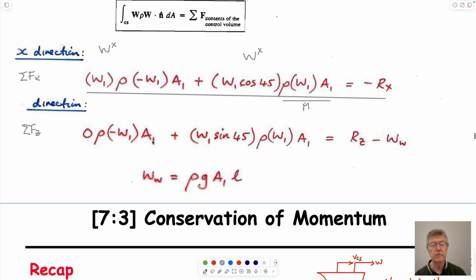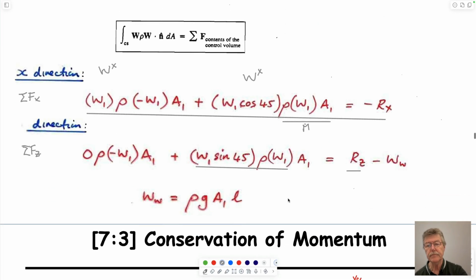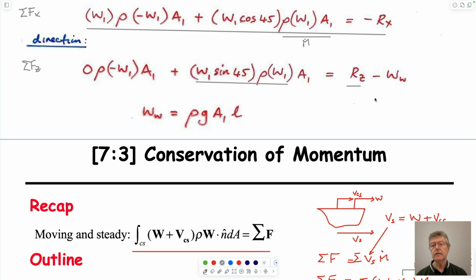And so this is the vector component going up, and the reaction on the ground pushing up. This reaction here on the trolley, the force acting upwards, and the weight of the trolley acting downwards. So this is just summing in the other directions.